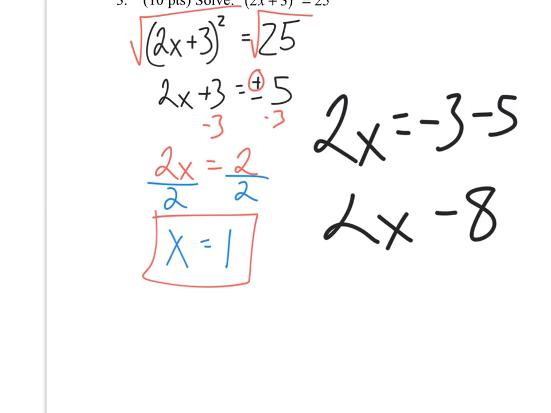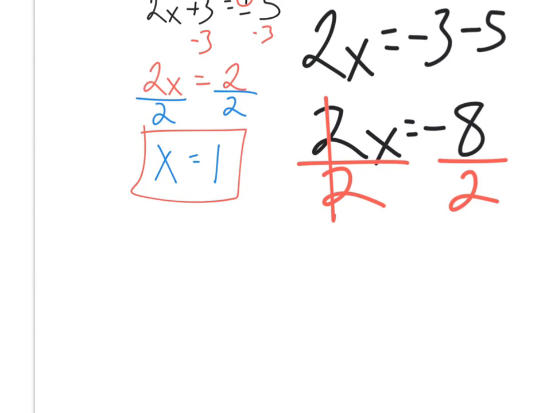And so 2x does equal negative 8, and we've got to divide both sides by 2. And when we do, x = negative 4. Great, so we've got our first root and our second root.